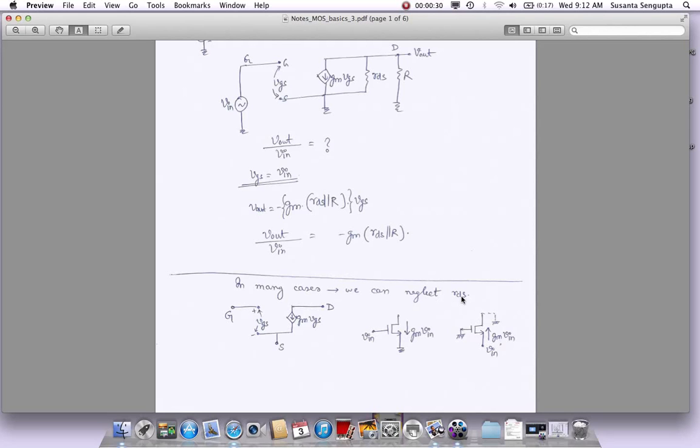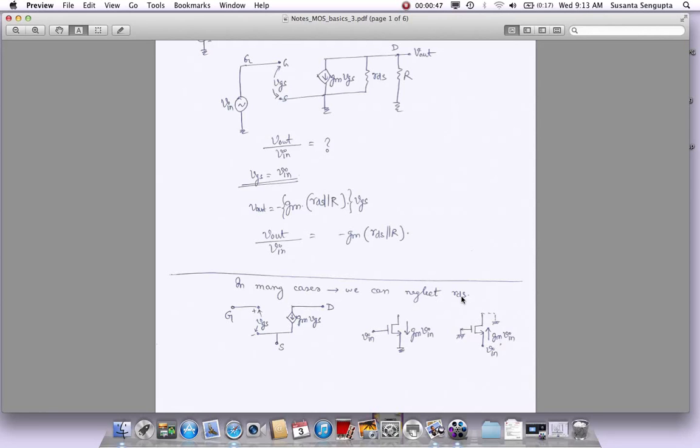It is not necessarily true in submicron technologies where the RDS values are very low. That is, the lambda values that we talked about are higher, the equivalent early voltages are lower, so the RDS value is not so high.